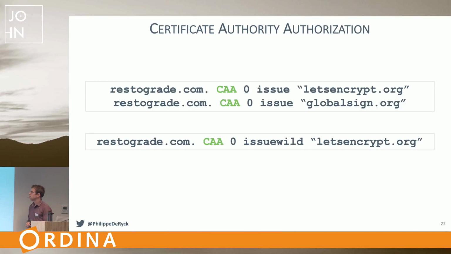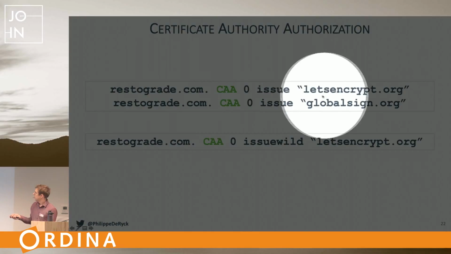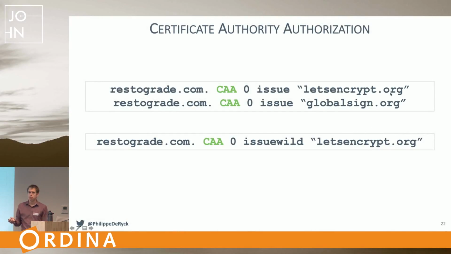First thing, or the first item, is Certificate Authority Authorization, or CAA in short. And CAA is essentially a DNS record. So the spec allows you to specify these CAA DNS records, stating that for this domain, that is a valid CA. So this allows you, as an administrator or developer, to say, like, I'm only using these CAs.